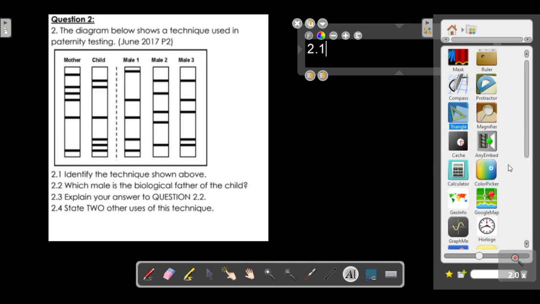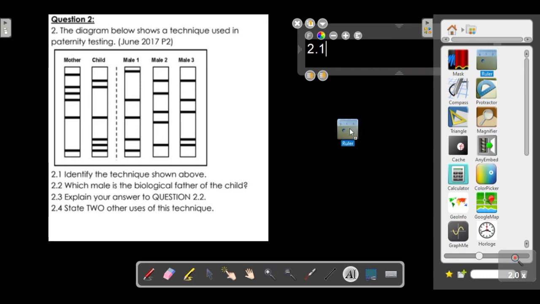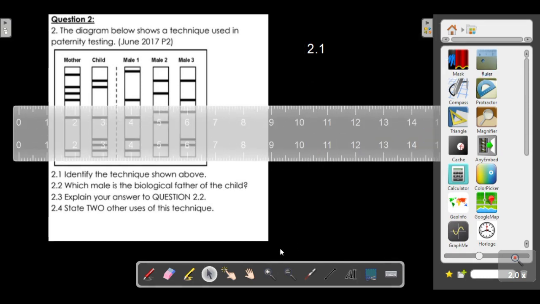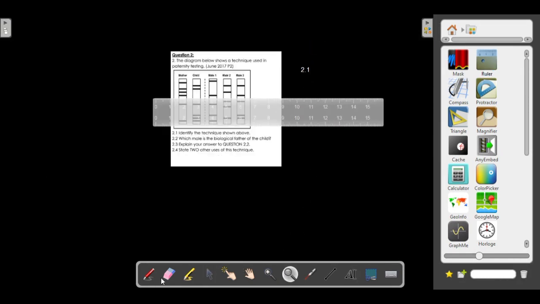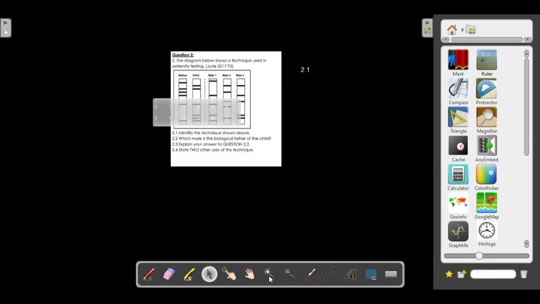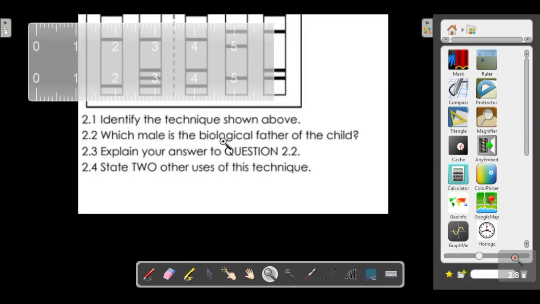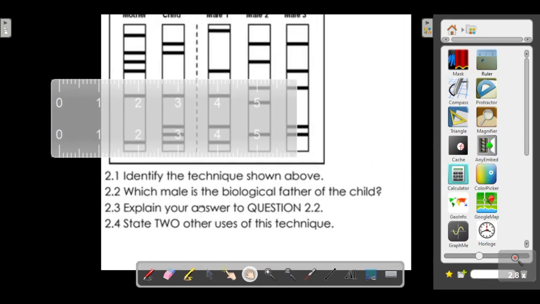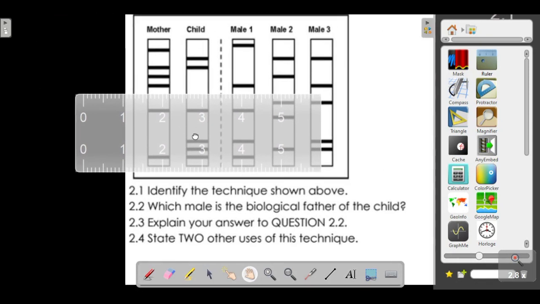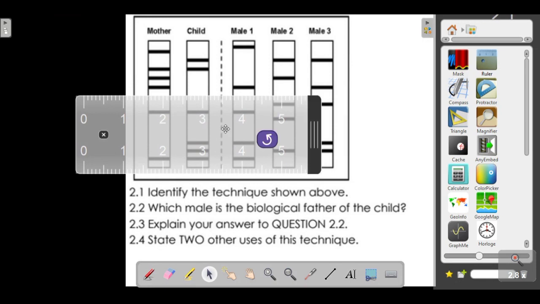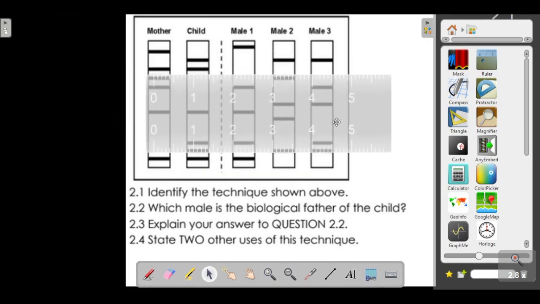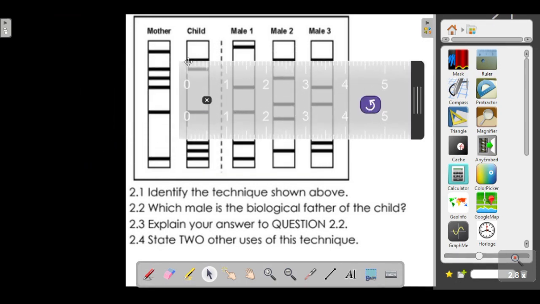So let's see here. What do we have? I'll just use this ruler, guys, to sort of match this. Right, let's zoom in here. You would have to focus on these bars.